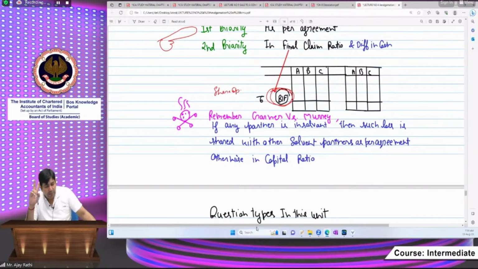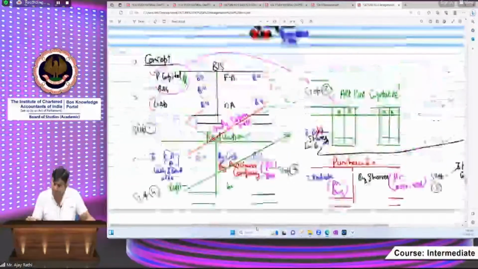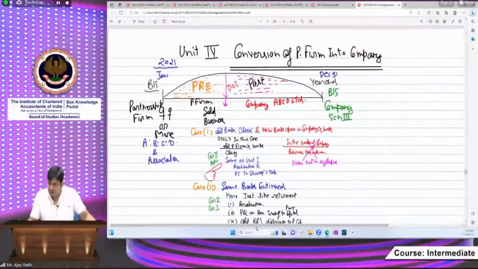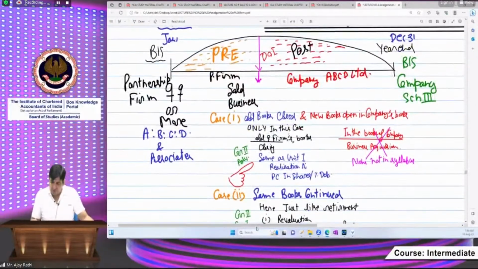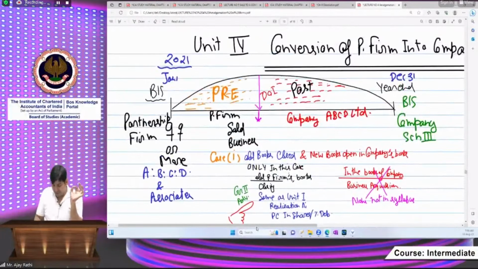There are two types of questions in this unit. Two types of questions, sir? Yes. So what kind of questions? See, one type of question is there. First, understand what we need.